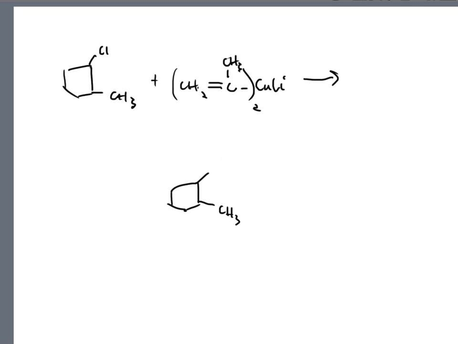There it goes. And then I add on the R group. And that R group needs to be added on right there with that carbon. All right, so there's the carbon. And off of that carbon is a CH3 group that points up. So I'll keep that same notation there. And that carbon has a double bond, so I'll keep that double bond there. And that goes to a CH2 group. There you go. That's it. There's your Gilman product.